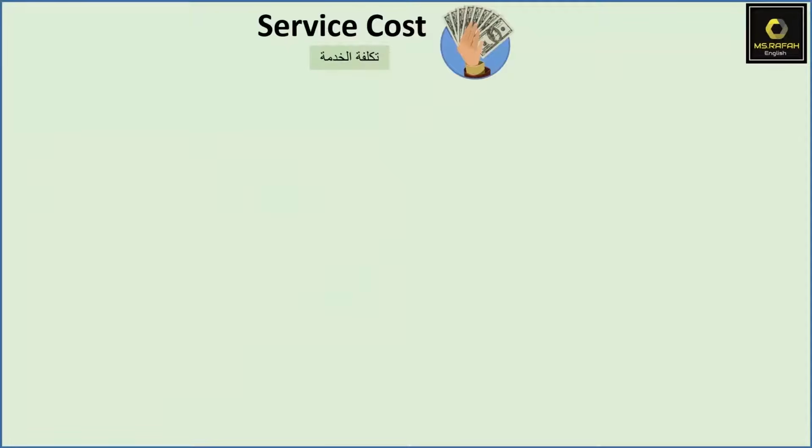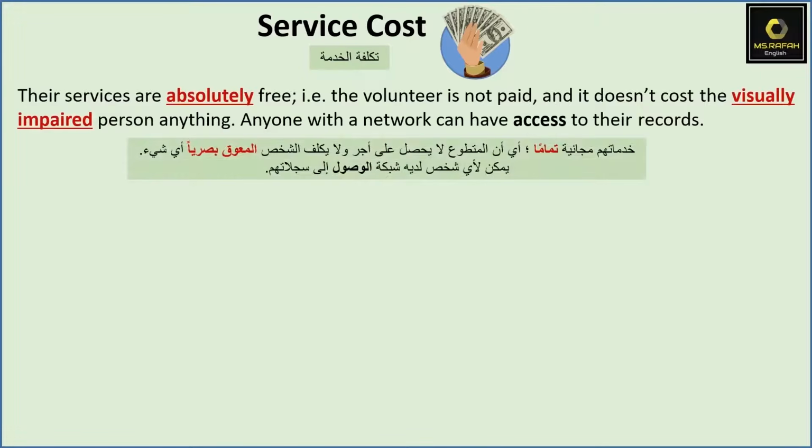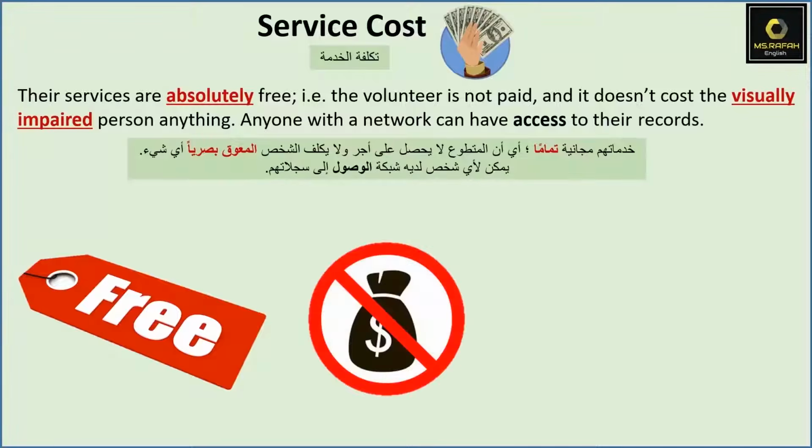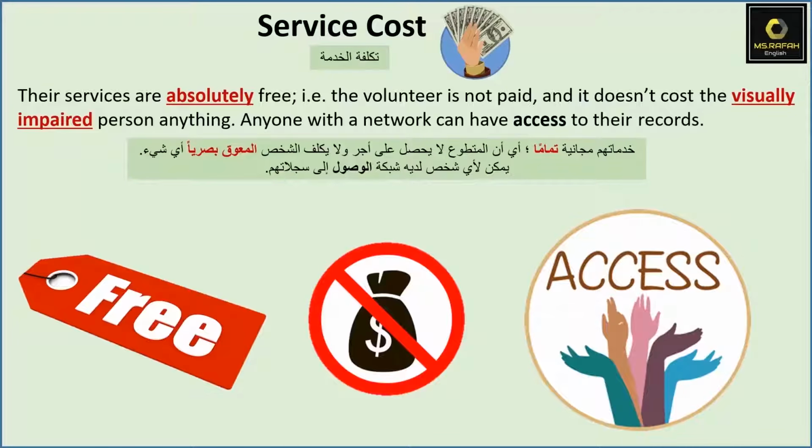Service cost. Their services are absolutely free. The volunteer is not paid, and it doesn't cost the visually impaired person anything. Anyone with a network can have access to their records.